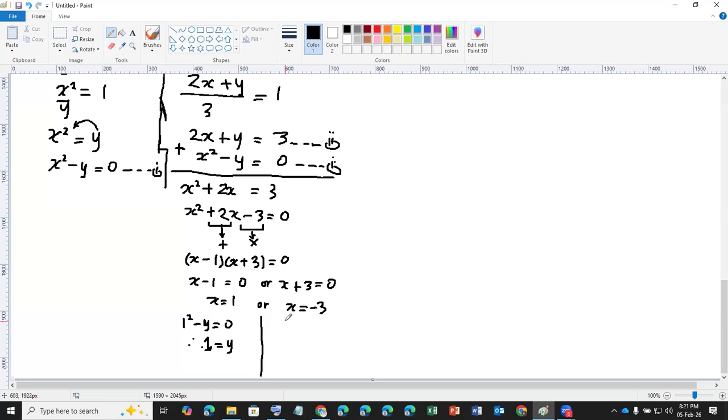On this other side, if we put minus 3 there, always remember, whenever minus 1 is repeated, always remember to put everything back. Minus 3 squared minus y equals 0.